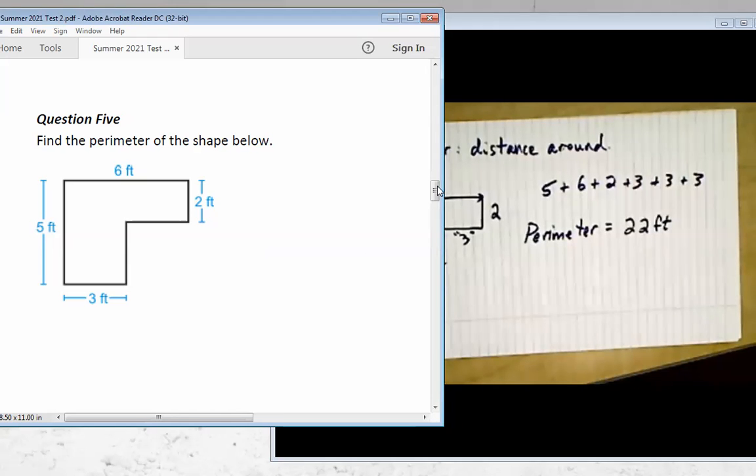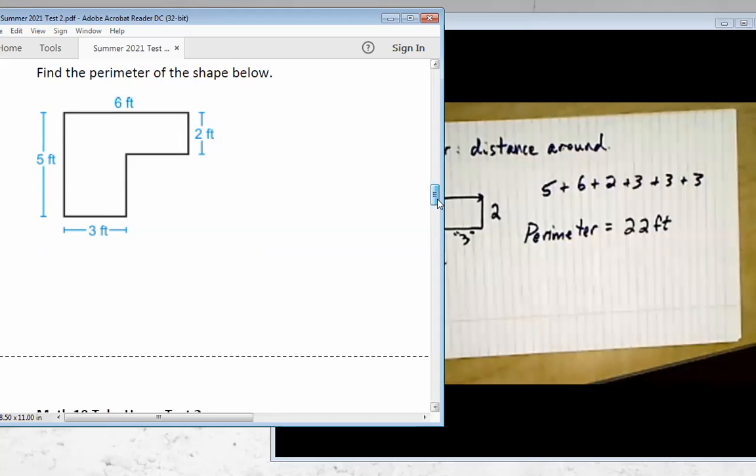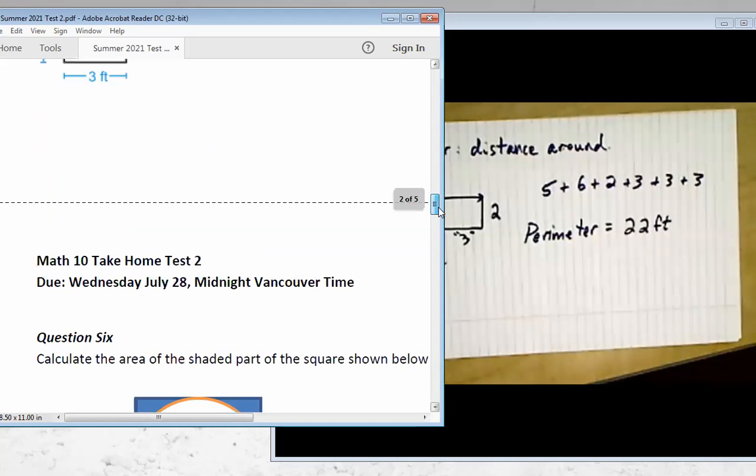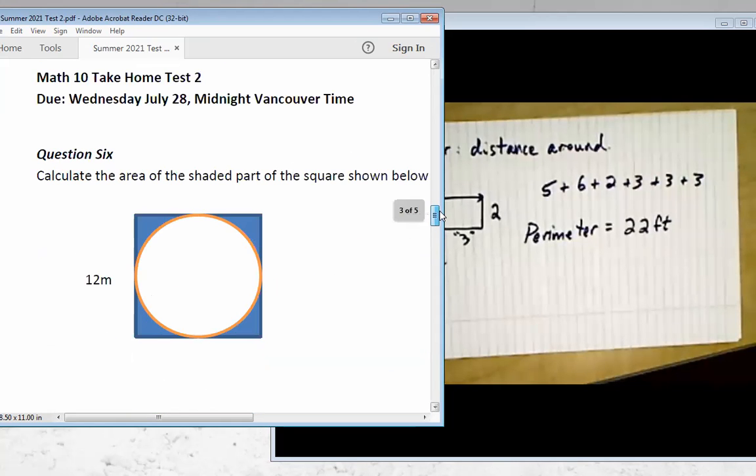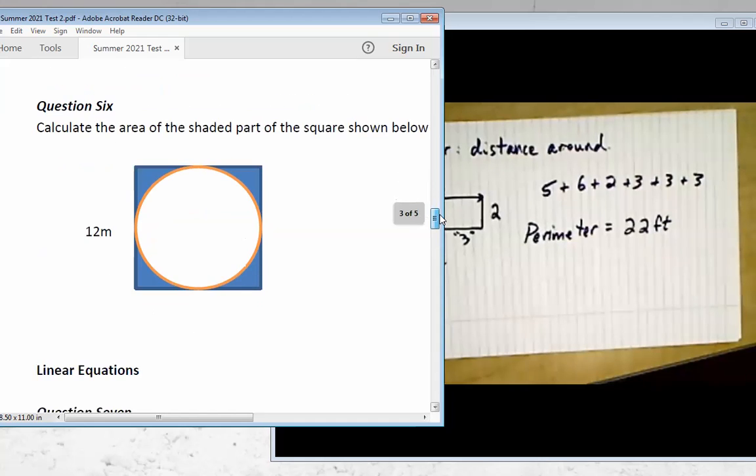Next question, number 6. All right, like that. So we're finding the shaded area of the square. So interestingly, it's a square.